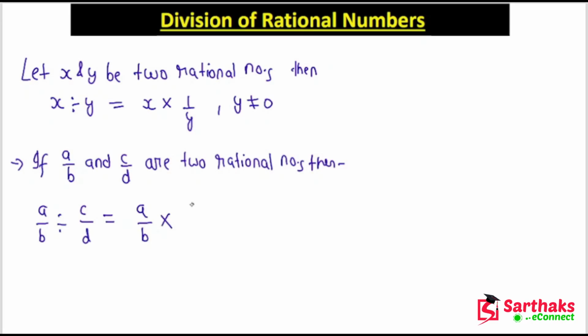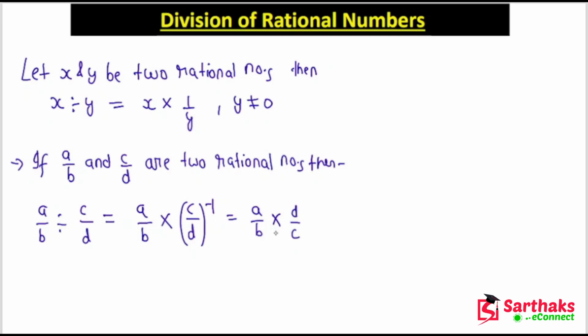We all know reciprocal of c upon d is called multiplicative inverse, which is nothing but interchanging of numerator and denominator, that is d by c. So this is how we define division of two rational numbers.